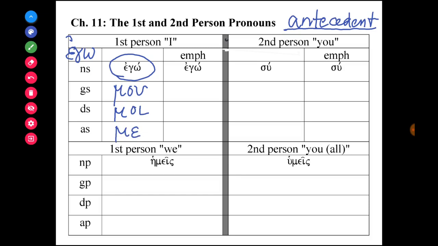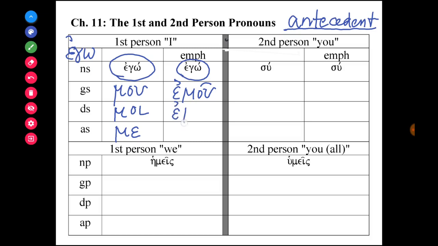And if I were to emphasize these forms, usually the emphasized form has an extra epsilon in front of the mu plus an accent. So the emphasized form for the genitive is emu. And notice that ego is used both as a regular form and an emphatic form.